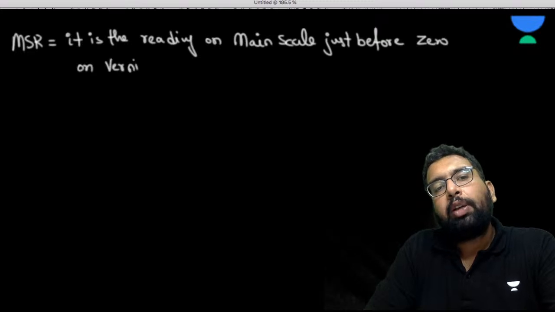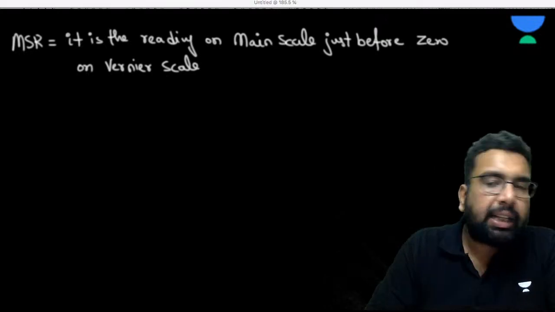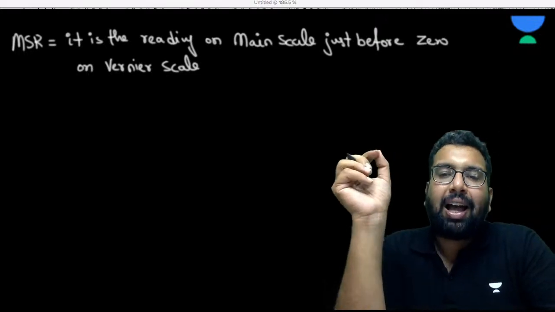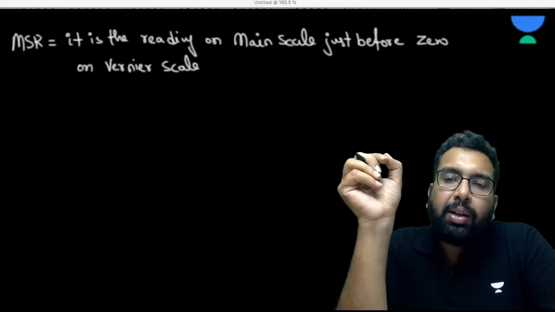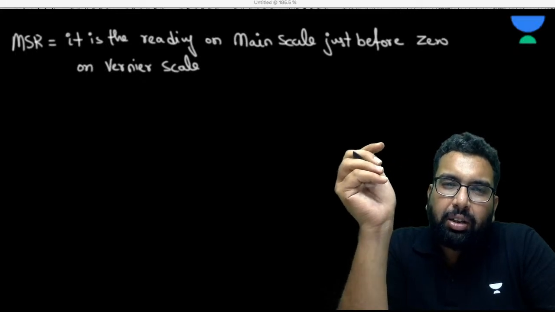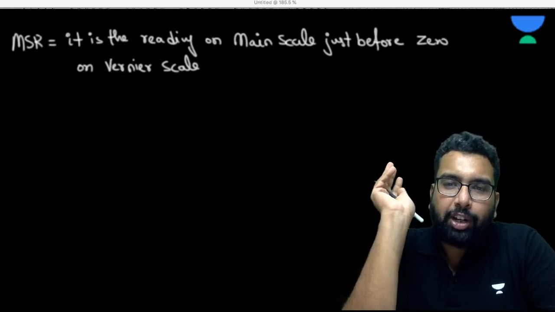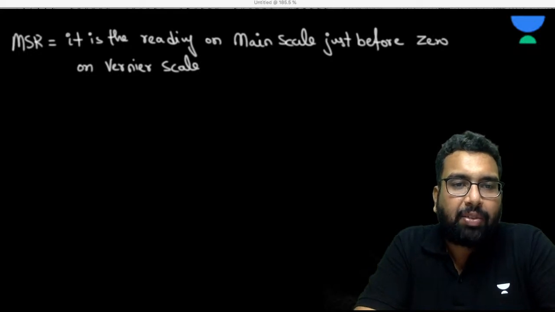When you do any measurement, you would see that there is a reading on the main scale just before the 0 on the Vernier scale, like the one I have shown you here.